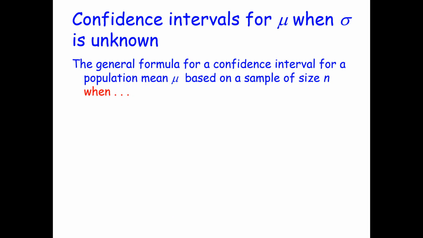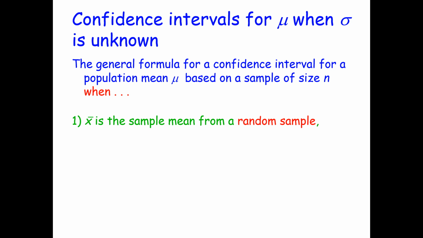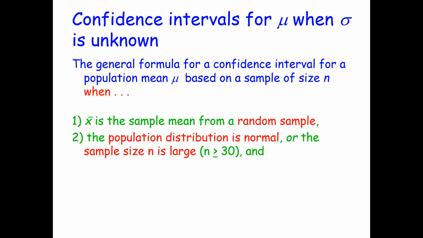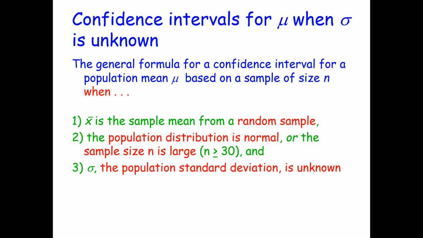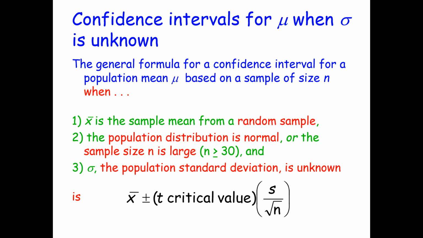So what about confidence intervals for mu when sigma is unknown? Well, the general formula for a confidence interval for a population mean mu based on a sample size n, when x bar is the sample mean from a random sample, the population distribution is normal, where the sample size n is large, n is greater than or equal to 30, and our sigma, the population standard deviation, is unknown, is going to be x bar plus or minus our t critical value times s divided by the square root of n.